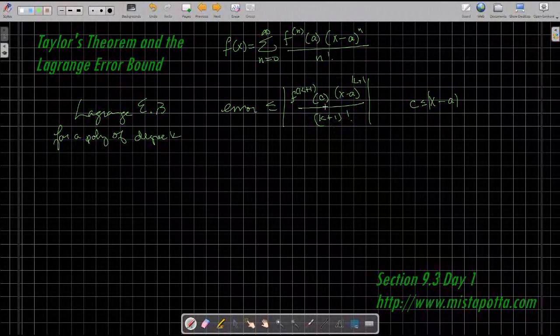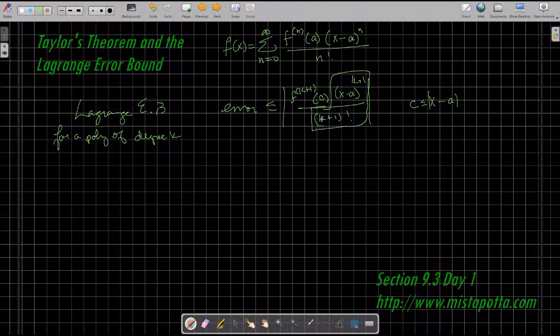Now this part here and this part here are exactly the same as Taylor's theorem. I'm still looking at the x minus a to a power over that self-same factorial.